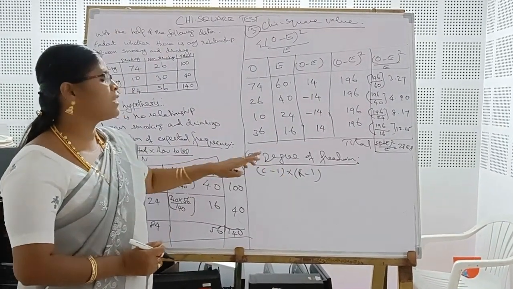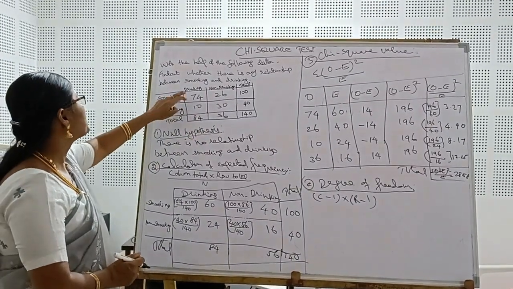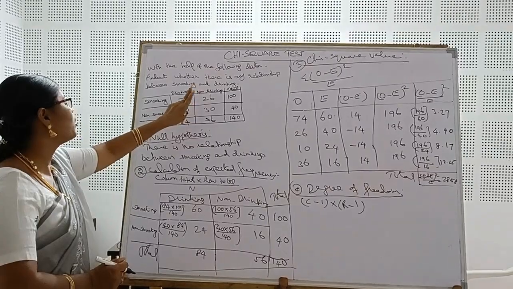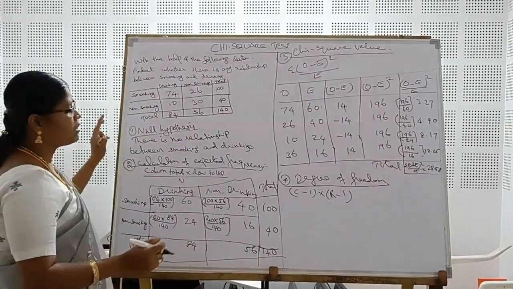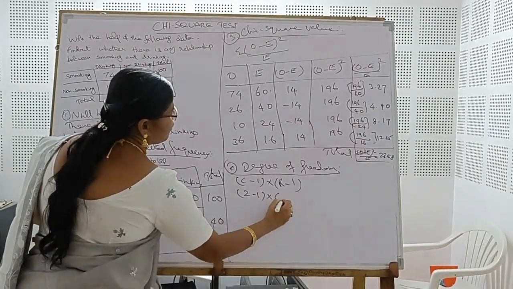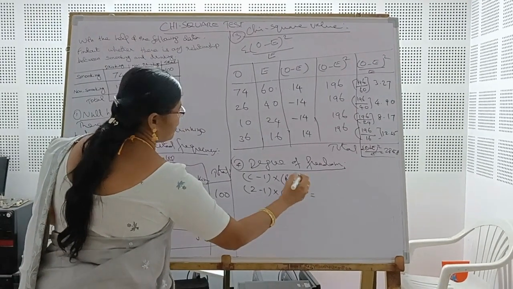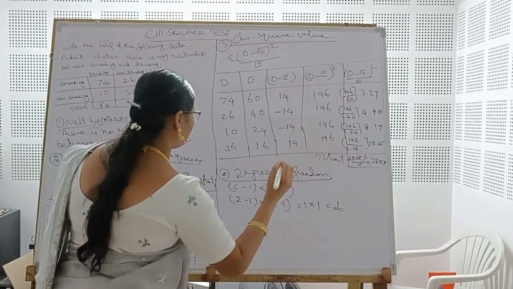So how many rows and columns are given in the problem? Number of columns are 2, drinking and non-drinking, and number of rows are smoking and non-smoking, 2 rows. So 2 minus 1 into 2 minus 1, that is 1 into 1 equal to 1.